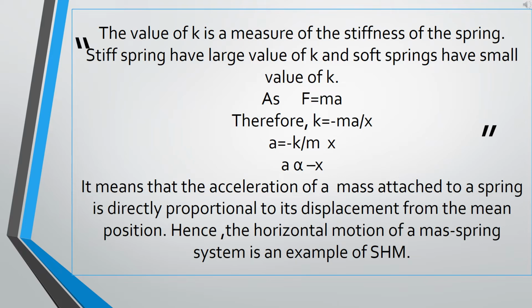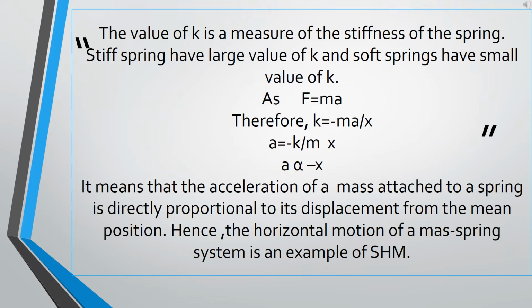We will put the value of force, which is ma, in the place of F in the equation k is equal to minus F over x. So the equation becomes k is equal to minus ma over x.